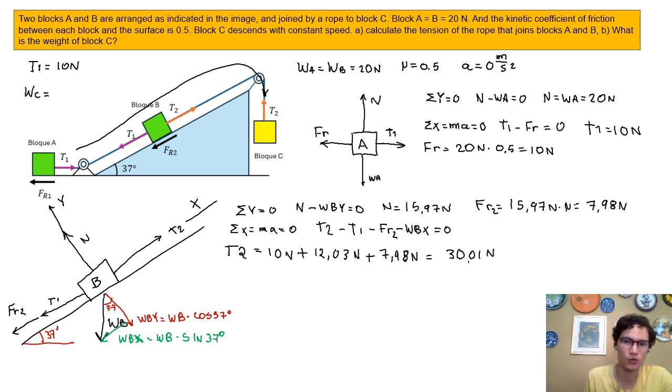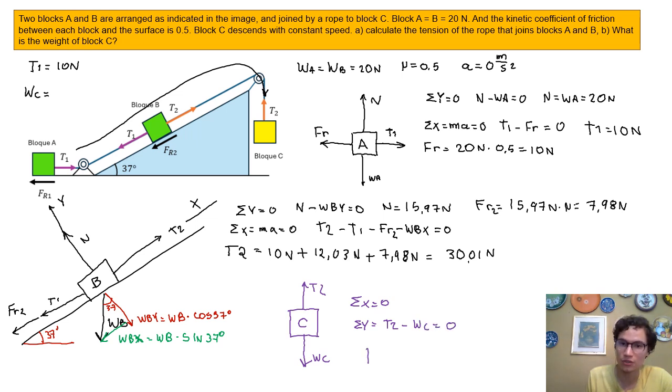Finally, to solve the problem, we can do the diagram of the block C because we're looking for the weight of the block C. It's going to be the tension 2, and here the weight C. We can observe that in the x-axis there is nothing, but in the y-axis we got that the tension 2 minus the weight is equal to 0.